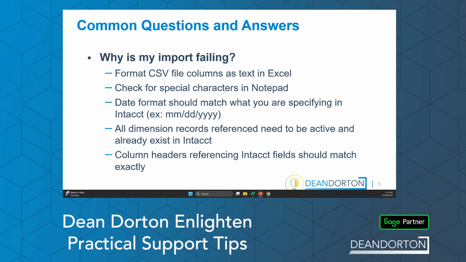Sometimes I find that people will put formulas into a column, or maybe they accidentally format it as something else, and then when they import it into Intacct, it has a problem because what's in the cell is not actually a text format; it's something else. So this is like the first thing I always try. Sometimes it fixes things, sometimes it doesn't, right? Sometimes it was already text and there's something else wrong.